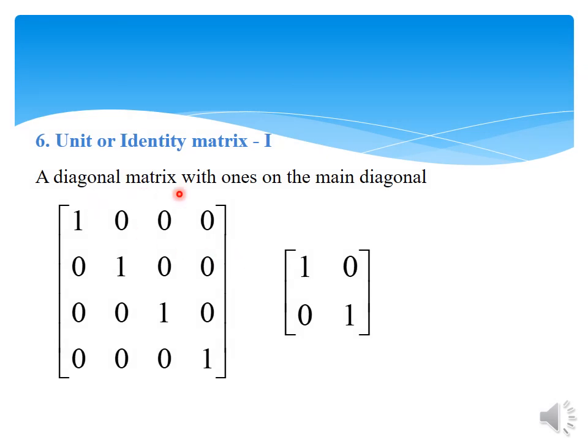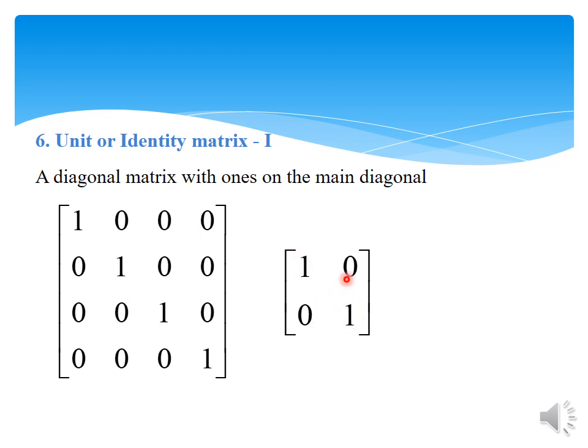Unit or identity matrix. A diagonal matrix in which the elements on the main diagonal are all 1. Students, for an identity matrix, the diagonal elements are all 1, and except for the diagonal, all the other entries are 0. So this is the identity matrix of order 4 by 4, and this is the identity matrix of order 2 by 2.